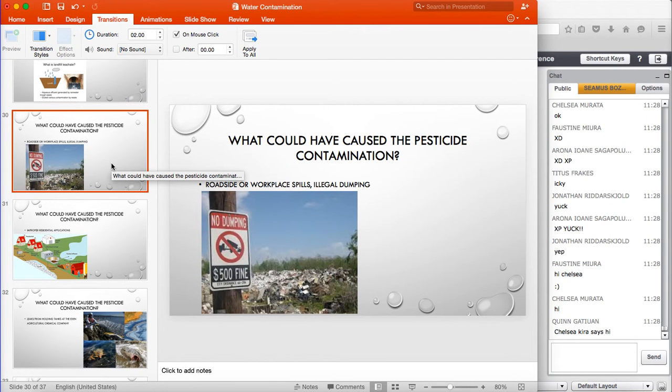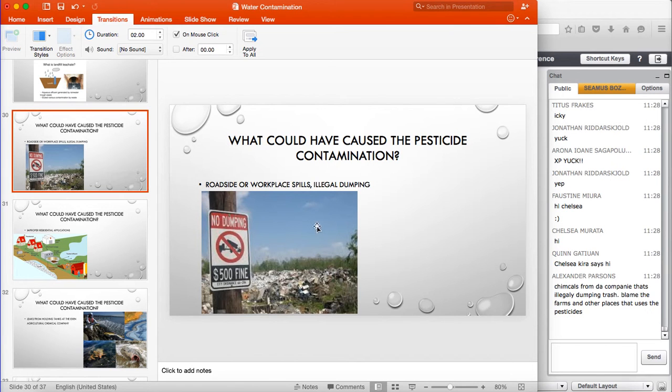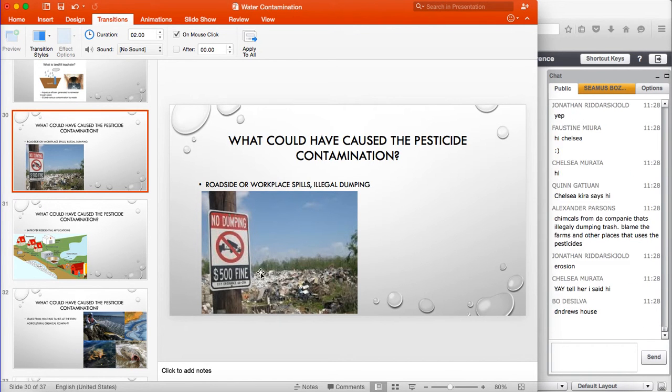What could have caused pesticide contamination? Well, I think roadside spills or illegal dumping, like "no dumping, fine $500." And I saw this sign and I was like, wow, that's ironic.